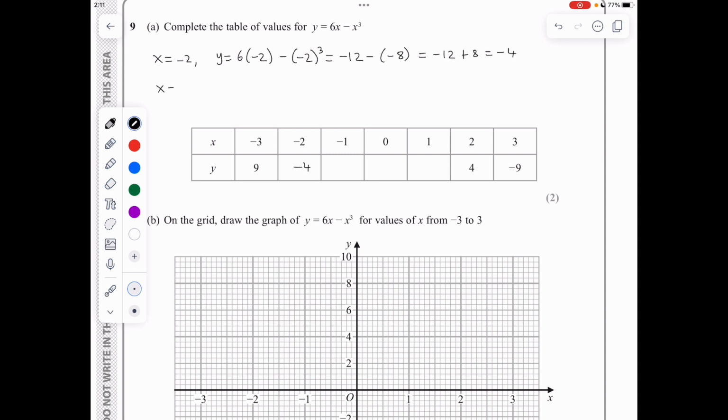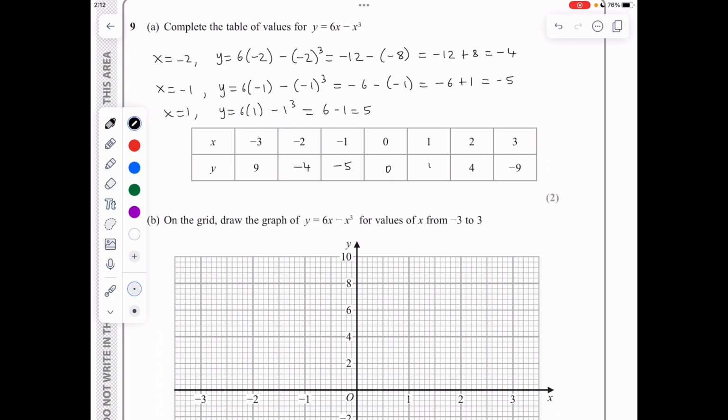Now for negative 1, it's going to be 6 times negative 1 minus negative 1 cubed, which is minus 6 minus negative 1. That's negative 6 plus 1, which is negative 5. For 0, it's easy to see that when x is 0, y is 0. And for 1, we've got that y is 6 times 1 minus 1 cubed, which is 6 minus 1, which is 5.